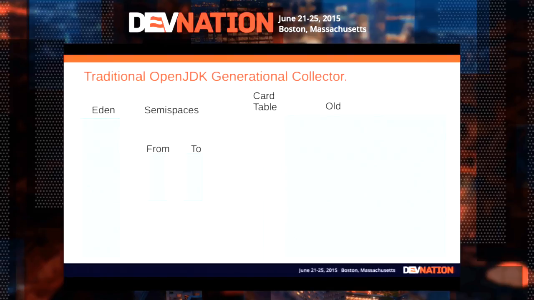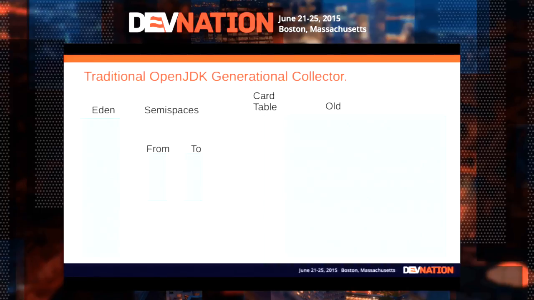The way you collect just the young generation is you have a card table, and that card table keeps track of all the pointers in the old generation that point back to the young generation. This allows you to collect the young generation by itself. So this is one of those implicit data structures I was talking about that's required for the other collectors.